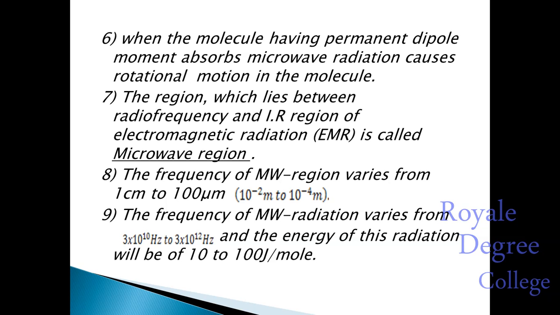The wavelength of microwave region varies from 1 centimeter to 100 micrometer, that is 10 to the power minus 2 meter to 10 to the power minus 4 meter. The frequency of microwave radiation varies from 3 into 10 to the power 10 hertz to 3 into 10 to the power 12 hertz, and the energy of this radiation will be of 10 to 100 joules per mole.